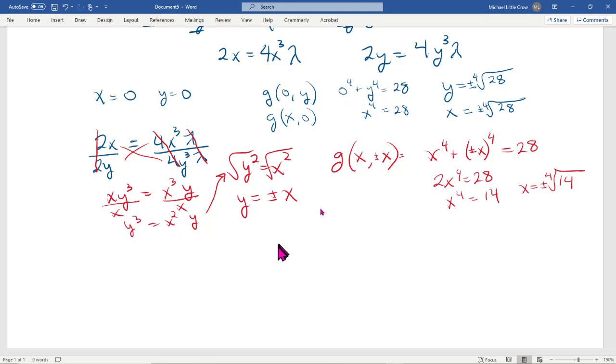So anyway, that gives us the solution so far. When x is 0, y can be plus or minus the fourth root of 28.